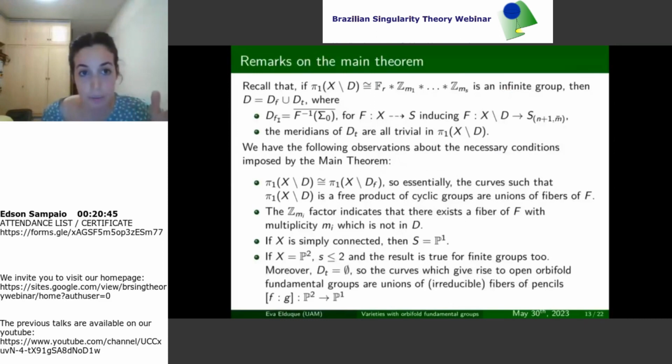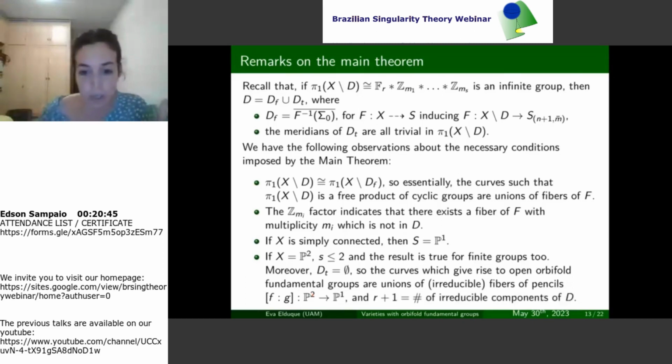And I said before that the trivial part doesn't really matter if you're going to talk about the fundamental group, but for curves in P2, the trivial part is not just that it doesn't matter, it's that it doesn't exist. It's empty. So the curves which give rise to open orbifold fundamental groups are unions of irreducible fibers of maps from P2 to P1. They're given by two homogeneous polynomials of the same degree. These are very concrete things.